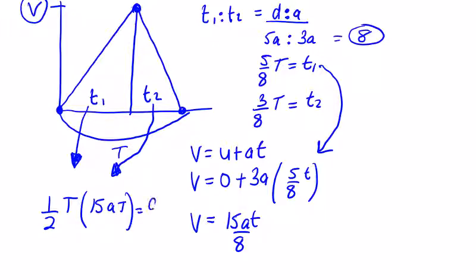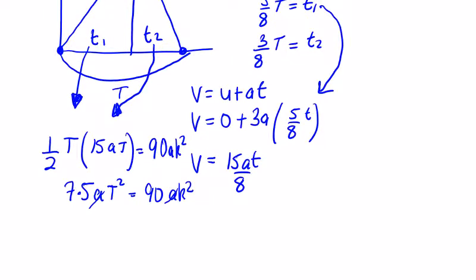That's going to be equal to 90 a k squared. So I'm going to get 7.5 a t squared is equal to 90 a k squared. So I can cancel my a's, and I can be left with t squared here.